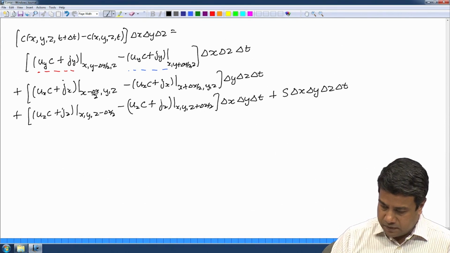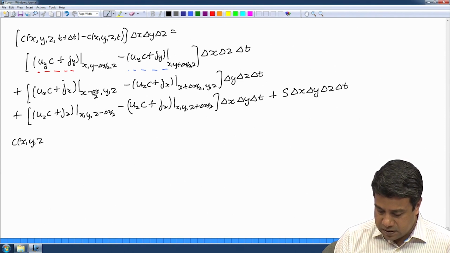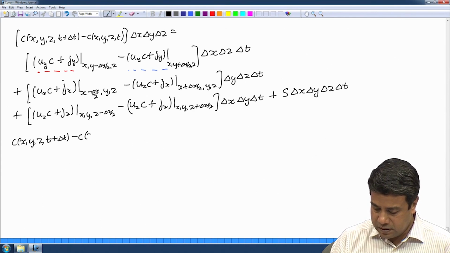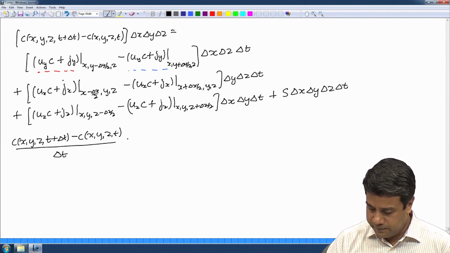So, if I divide throughout by volume and time, I will get on the left side C of x, y, z, t plus delta t minus C at x, y, z, t, by delta t.